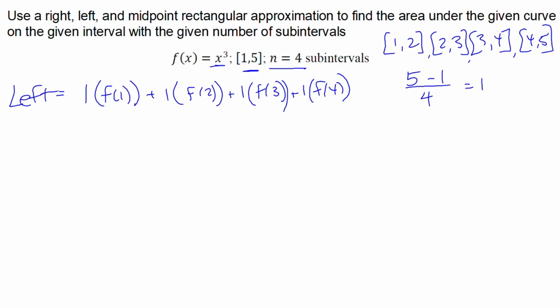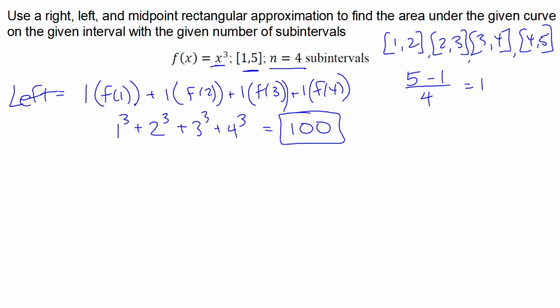And f of 1, f of 2, f of 3, and f of 4 are just 1 cubed, 2 cubed, 3 cubed, and 4 cubed. If I'm just multiplying those all by 1, I don't really need to write that. We have 1 cubed plus 2 cubed plus 3 cubed plus 4 cubed. Well, that'd be 64 plus 27 plus 8 plus 1, which comes out to be 100. So the left approximation there is going to be equal to 100.